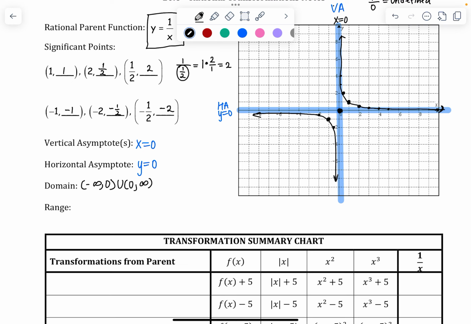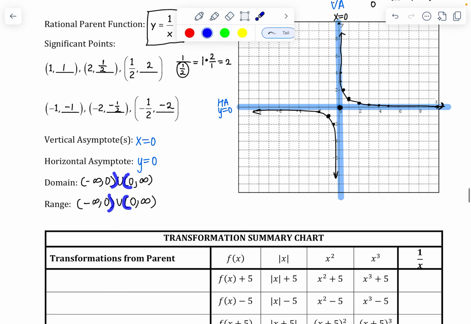We have 2 branches to this function, one over here in quadrant 3, one over here in quadrant 1. And so we just skip over the 0. The range is very similar. We're just skipping over the 0 at y equals 0. So negative infinity to 0, and then 0 to infinity, making sure to use parentheses because we don't actually equal those asymptotes, we just get infinitely close.